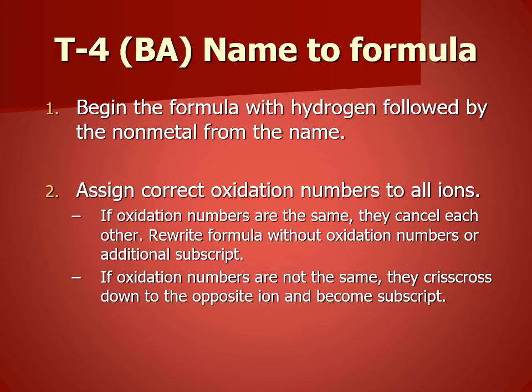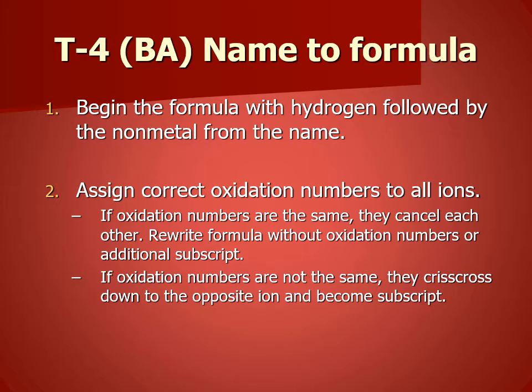Okay, what about name to formula? Well, if you have a name and you know it's an acid, we will begin the formula with hydrogen. And then in the case of hydrochloric acid, you would record the nonmetal second. So hydrogen first, the nonmetal second. You would assign oxidation numbers to both elements as if they were ionic. So hydrogen's always a +1.